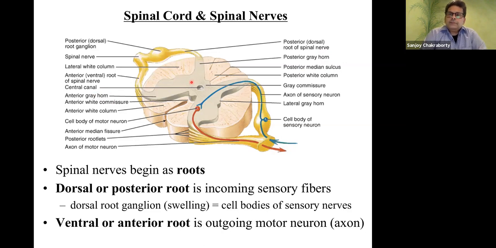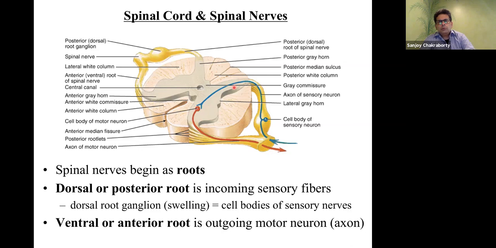And in some areas, particularly from about T2 to L1 of the spinal cord, we have a lateral horn as well. So right here, lateral horn; this side is the ventral or anterior horn, and that is the posterior or dorsal horn.